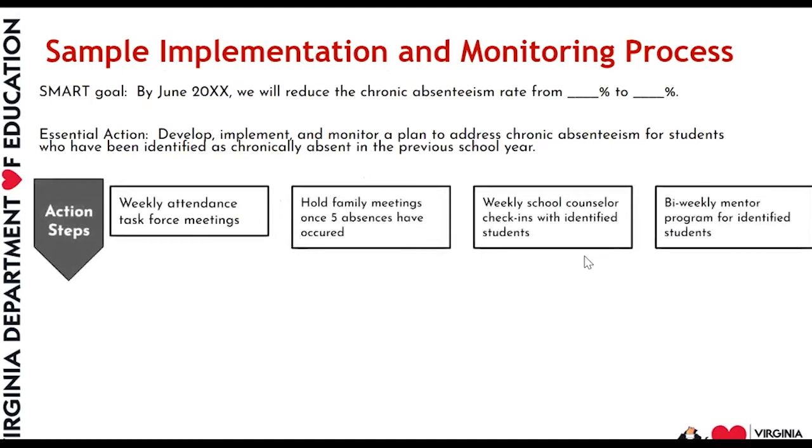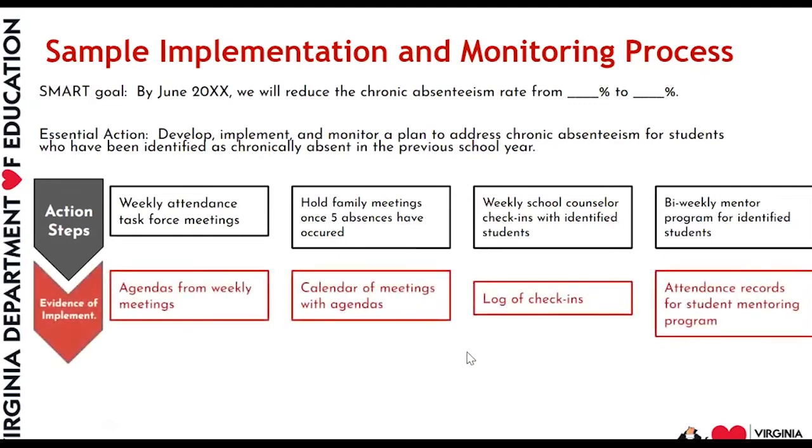That's my essential action. Here are some potential action steps, right? Weekly task force meetings, holding family meetings once a student's reached 5 absences, school counselor check-ins with a certain pocket of identified students, bi-weekly mentor program for maybe a different pocket of identified students. These are different action steps you could put into place, right?